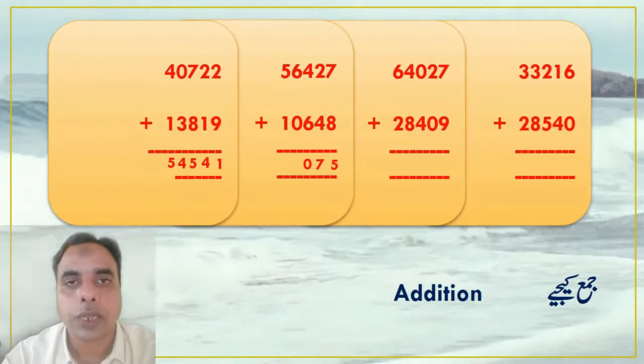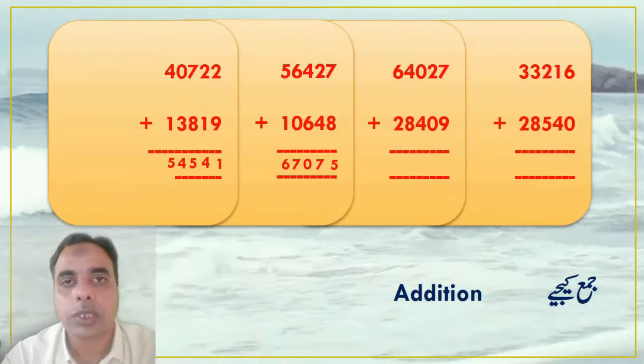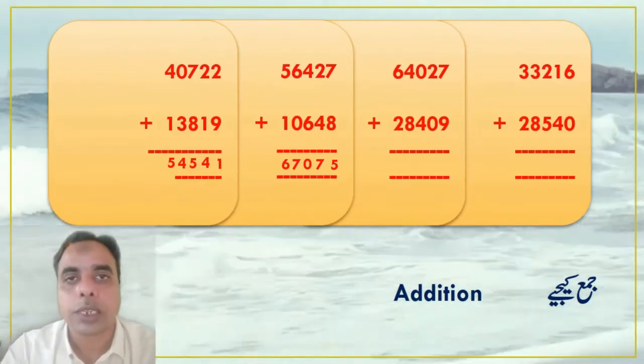So 10 will be the addition of 4 and 6, so we write 0 and 1 will be carry. So 1 plus 6 is 7, 7 plus 0 is 7, and 5 plus 1 is 6. So the answer will be 67,075.